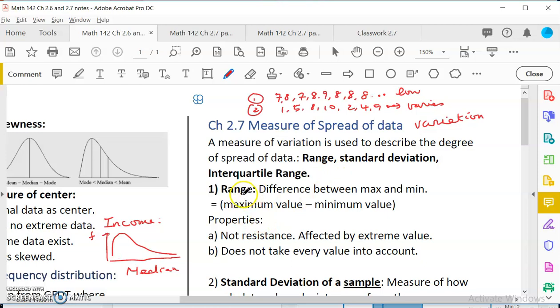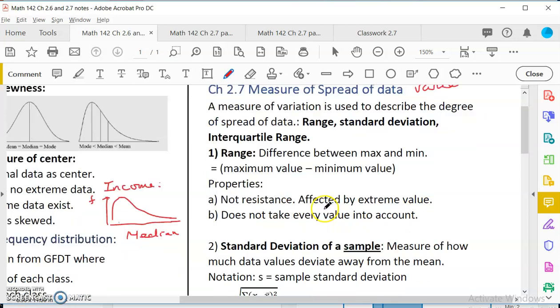The range is what you know in common sense. It's just the difference between the maximum and the minimum. Your maximum value of the whole data set minus the minimum value, that is the range. What is the range's property? It is not resistant. If you have extreme data, then the range is very large, but it does not actually measure the degree of variation of all the data.